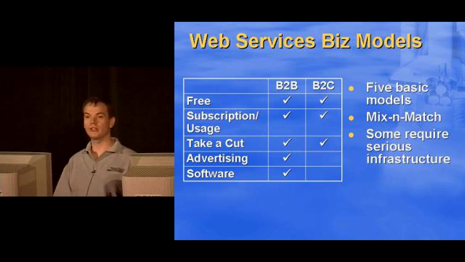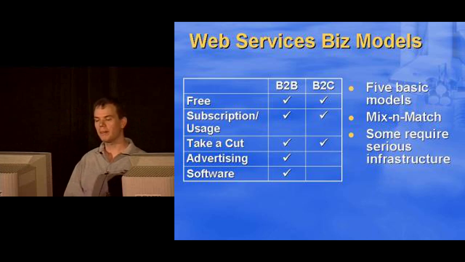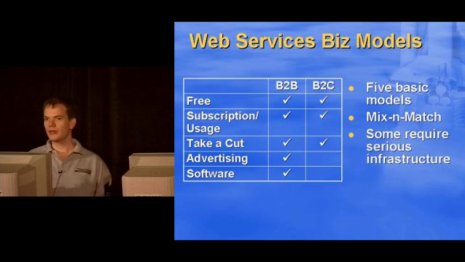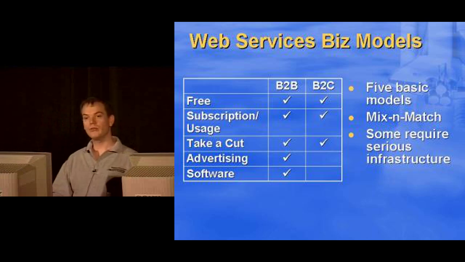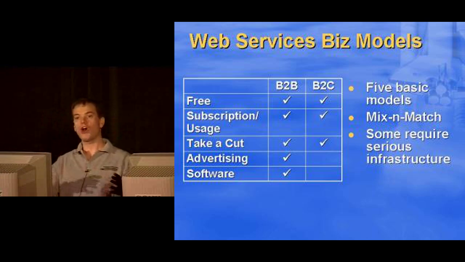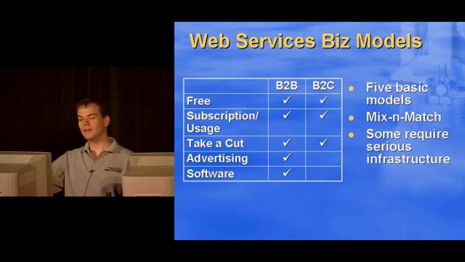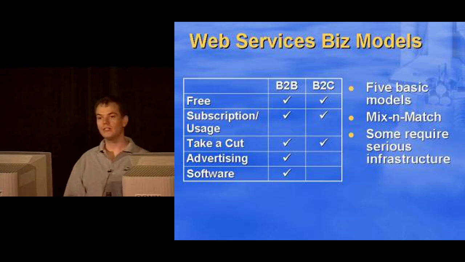Do you want to buy insurance at the same time you buy your car? Now, that's free to the consumer. It's free to the aggregator, the CarPoint in this case. And the insurance company is going to make money off of selling those insurance policies, the same way they do today.